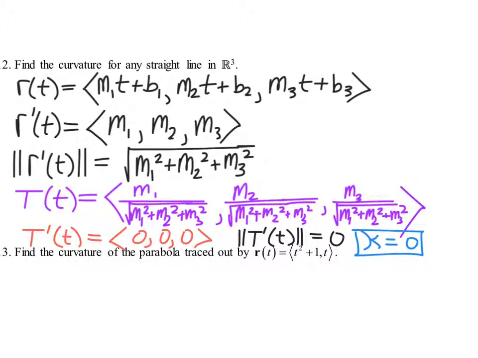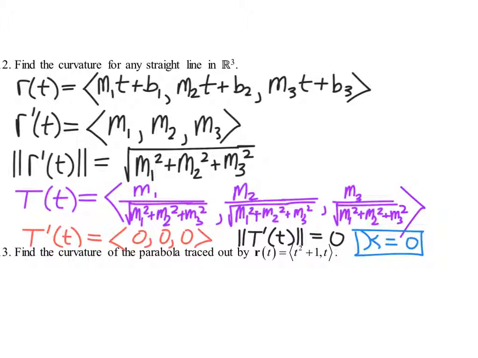0 because it had to be, because it's a straight line, but also because the kappa formula has the magnitude of T prime of t as its numerator. So unless the magnitude of r prime of t is also 0, which it's not, unless you were dealing with a set of linear equations in which all three slopes were equal to 0, in which case it would not be a straight line.